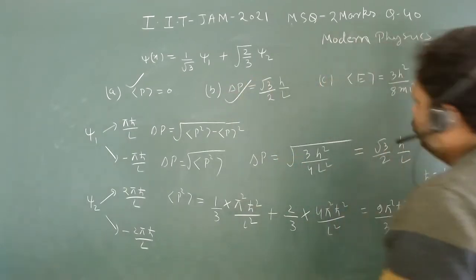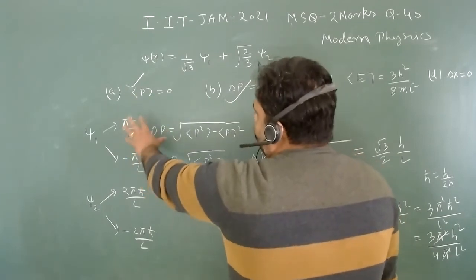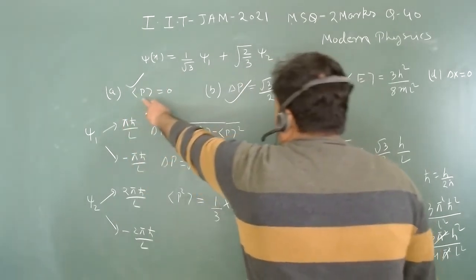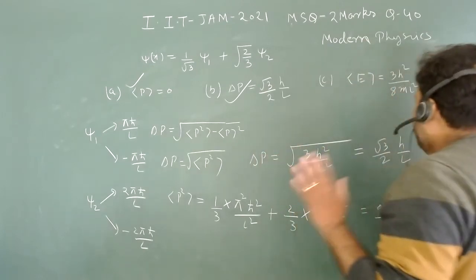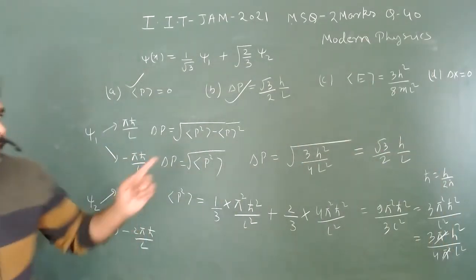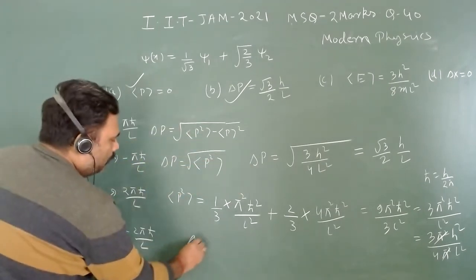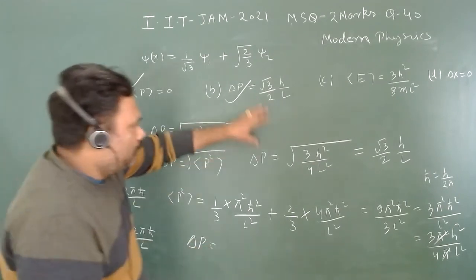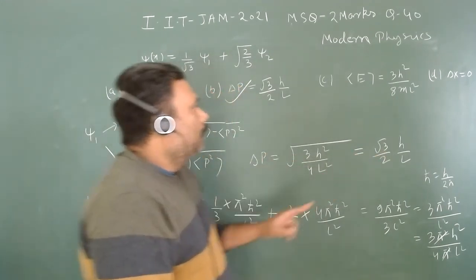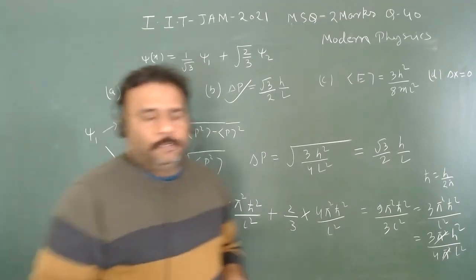Before that, we have to make the conclusion from the concept that the average value of P is 0. Now, if delta P is some finite value, that means my delta x should be some finite value.